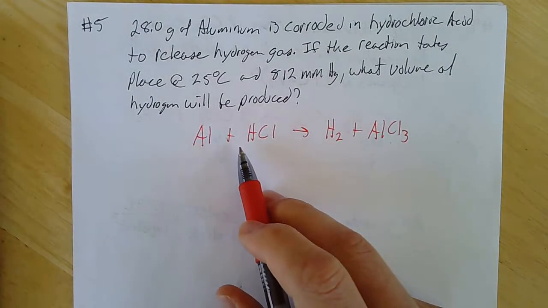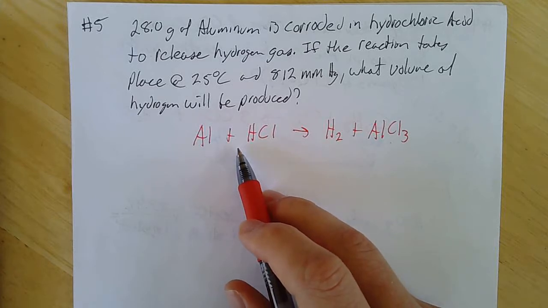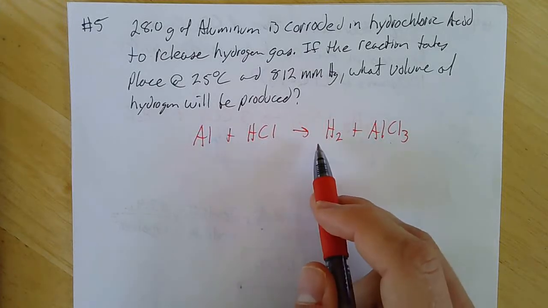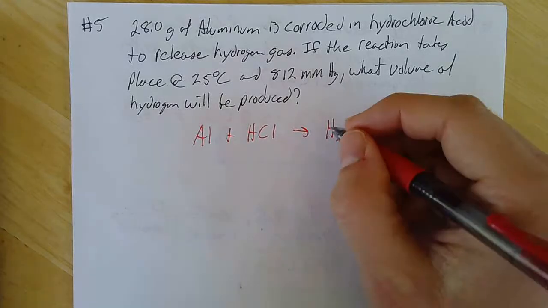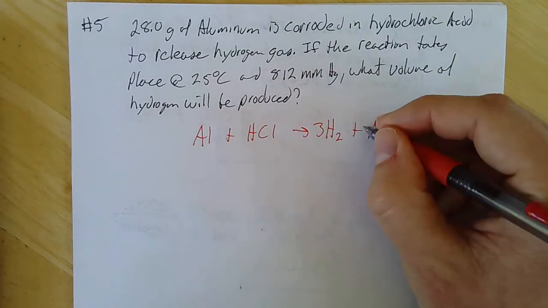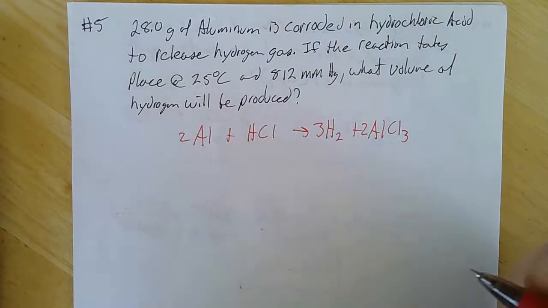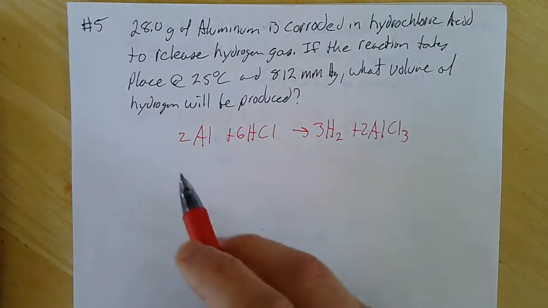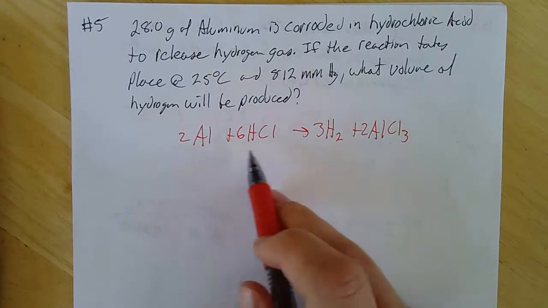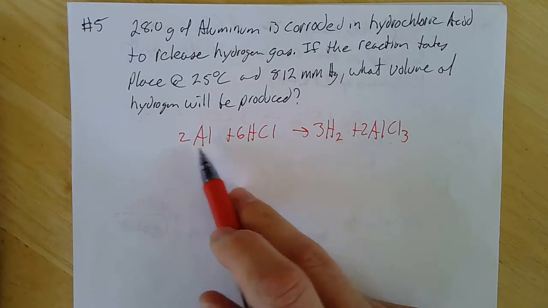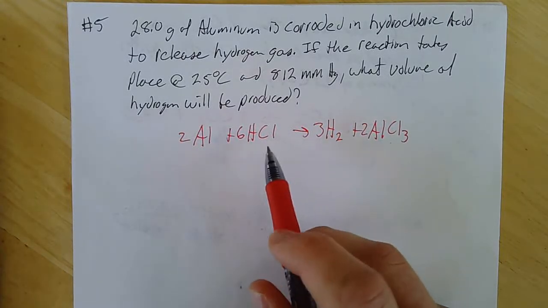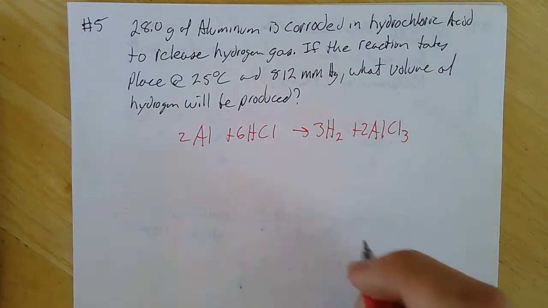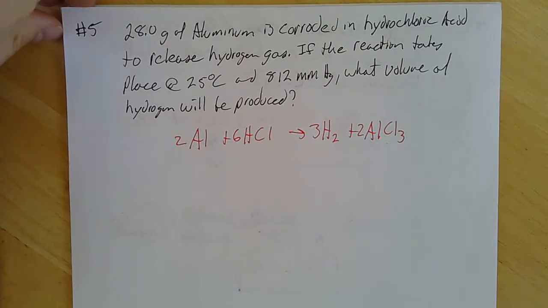That is going to have to be a 3, but then that would have to be a 3, so that's going to make it a 6. So we've got a 3, a 2, a 2, and a 6. And this works out because the 2, the 6, and the 2 would all be divisible by the same thing, but not the 3. So that works out.